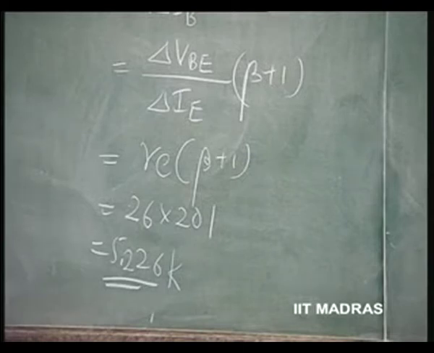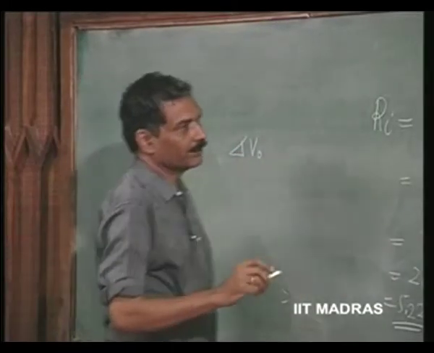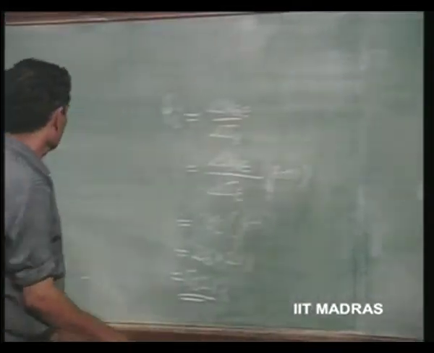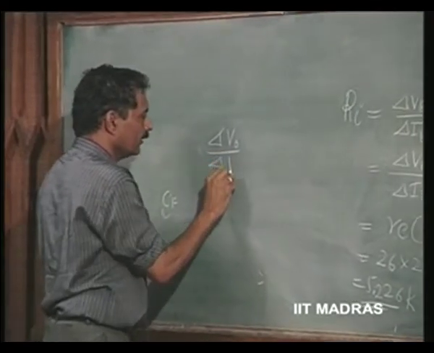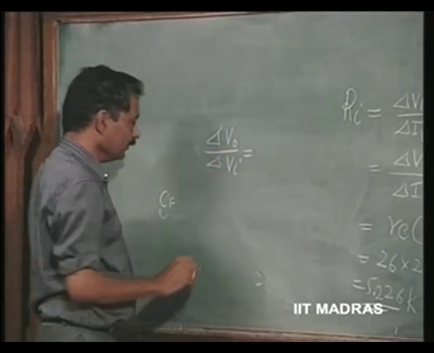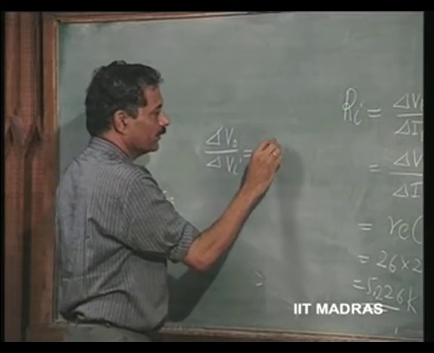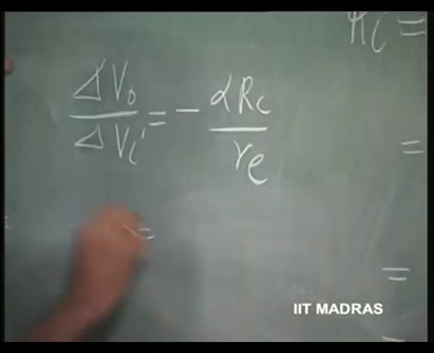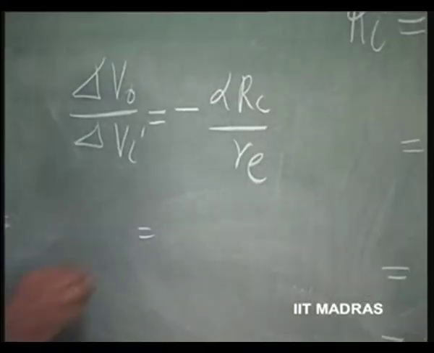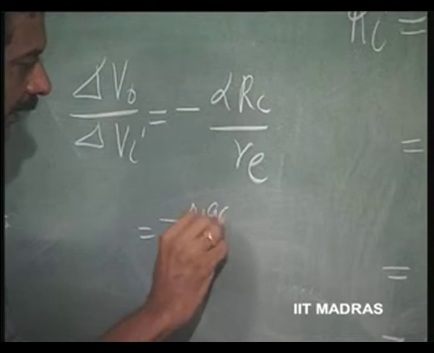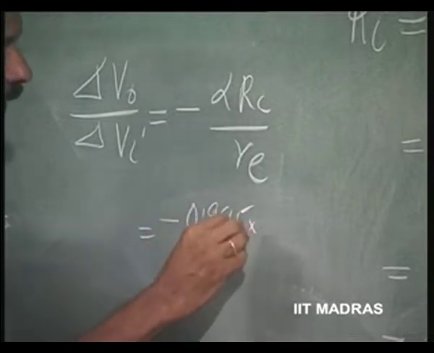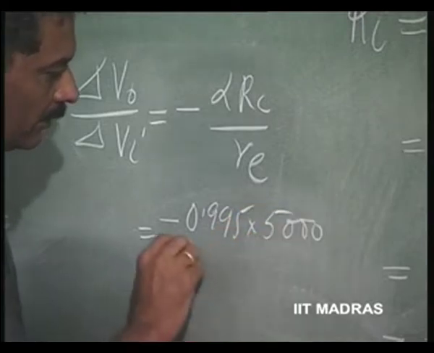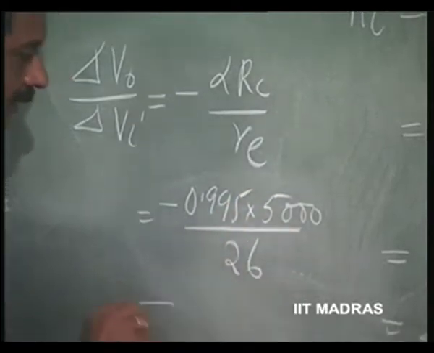Now, delta V naught, which is going to be taken here, divided by delta Vi is going to be equal to minus alpha Rc divided by Re, which is going to be minus 0.995 into Rc, which is 5 kilo ohms, divided by 26.